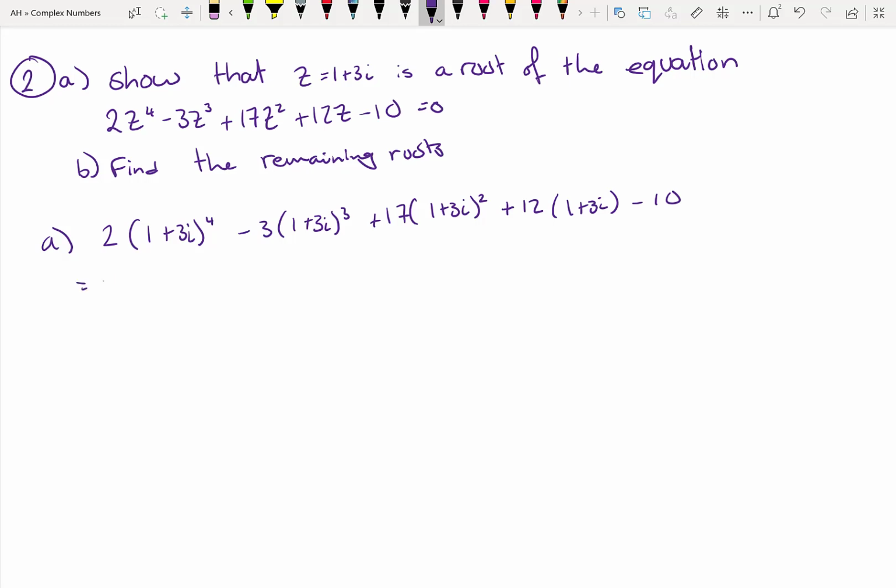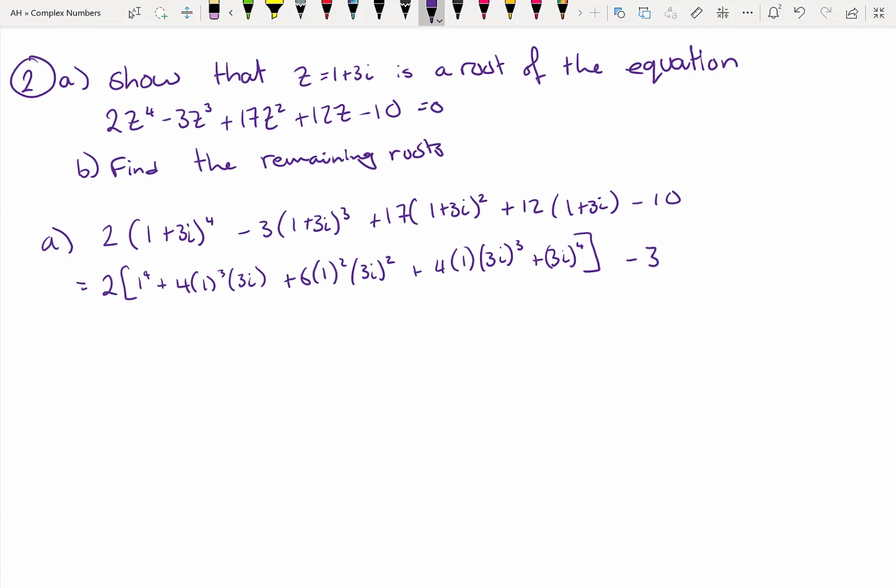So we've got two lots of 1 to the 4 plus 4 lots of 1 cubed times 3i. So we're using our binomial expansion here, remembering from the first unit, plus 6 lots of 1 squared times 3i squared, plus 4 lots of 1 times 3i cubed, plus 3i to the power of 4. And that's us just expanding the first bracket. Right? We haven't even tidied that up yet.